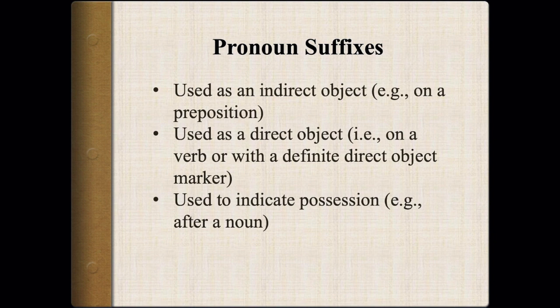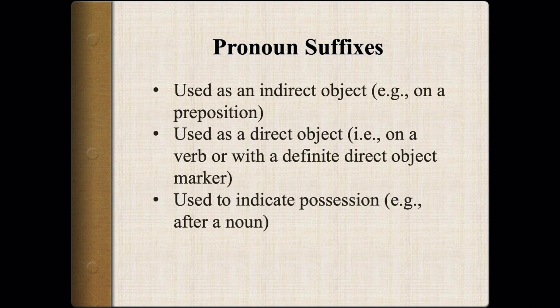There are also pronouns which can be attached to other words. They can be used as indirect objects, for example, on a preposition, or as a direct object on a verb, or with a definite direct object marker, which in Biblical Aramaic only occurs once.